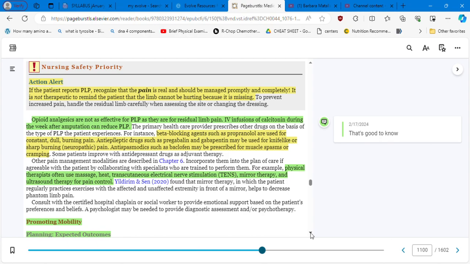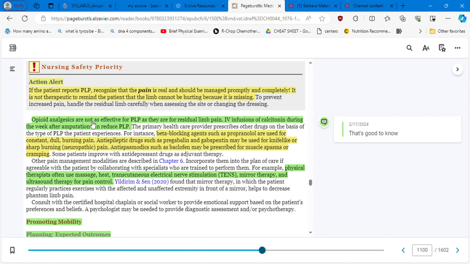If the patient reports phantom limb pain, recognize that the pain is real. That's very important. You always recognize the phantom limb pain as real and it should be managed promptly and completely. It is not therapeutic to remind the patient that the limb cannot be hurting because it is missing. It's not therapeutic to do so.